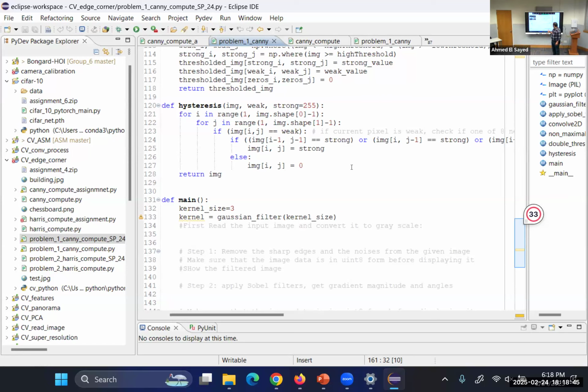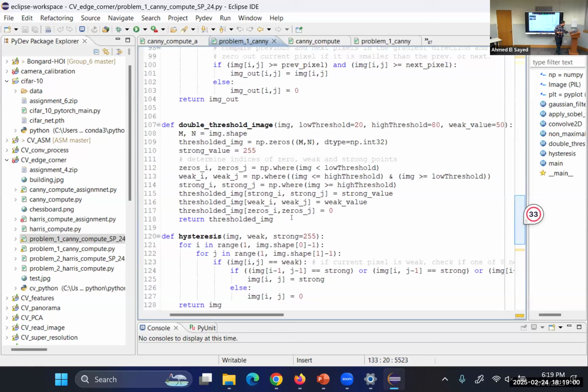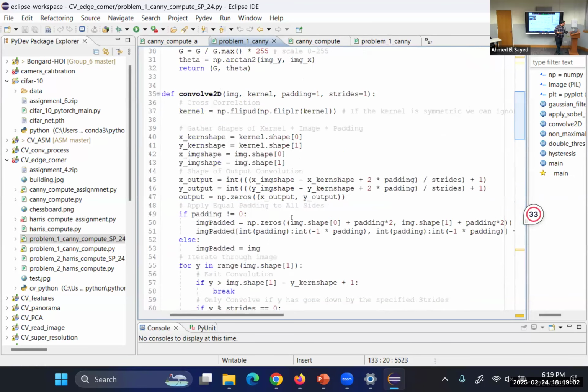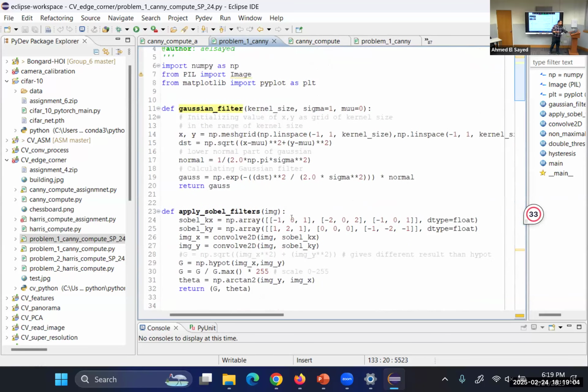The first step should be applying a Gaussian filter, okay? To make sure that we are removing all the noise in the image, right? So we need to have a Gaussian filter with a specific size that can be used for the filtration.